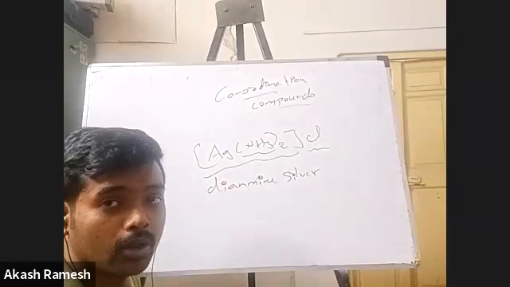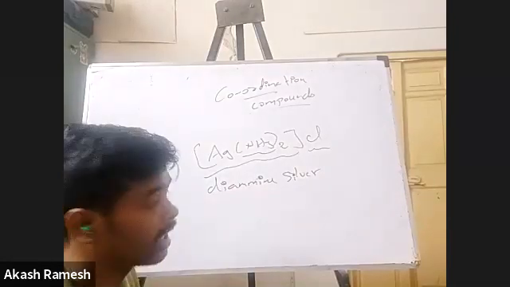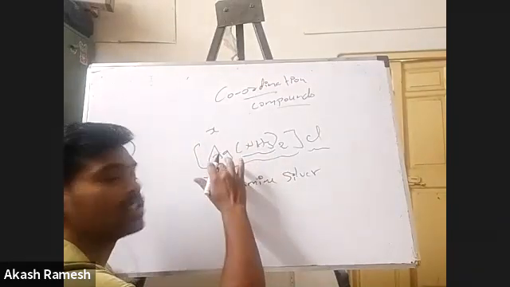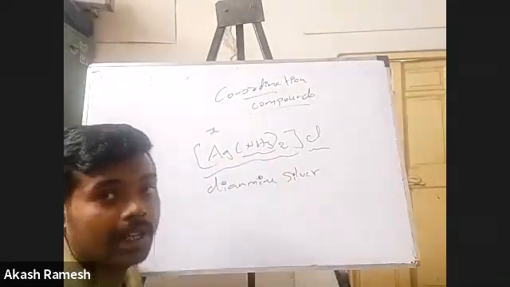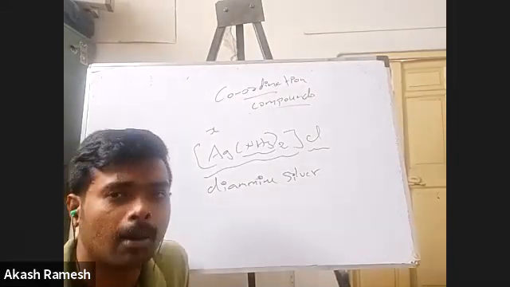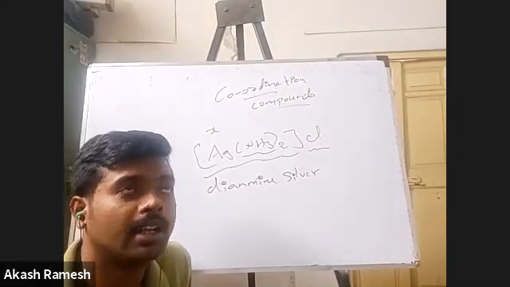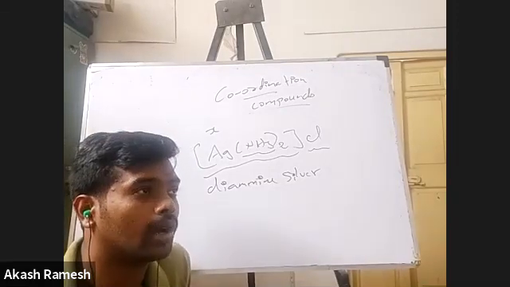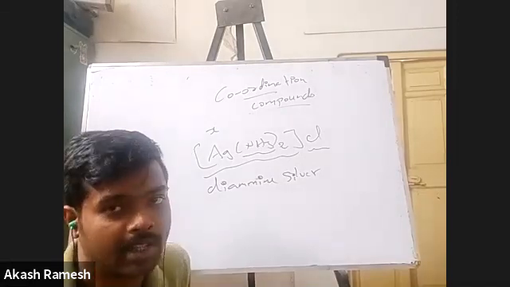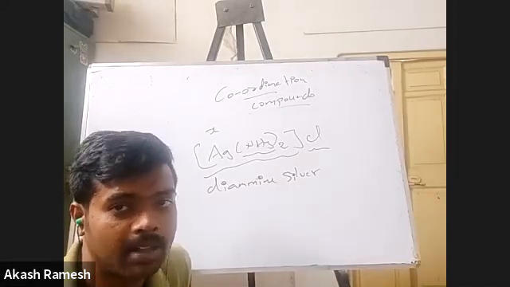Now I told you to write it along with the oxidation state, so you can easily calculate the oxidation state. Say for Ag, if it is X, this is a neutral ligand. You want to know what type of ligand it is: ammonia, H2O, any amines, all these will be neutral ligands. They will not impart any charge to the metal center.